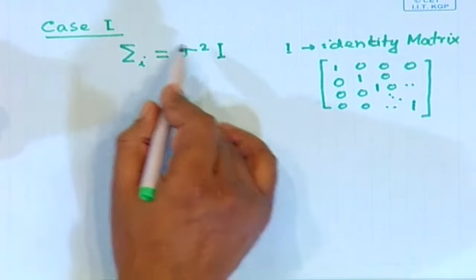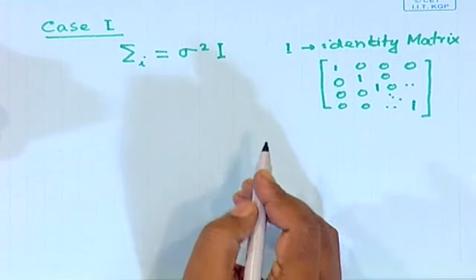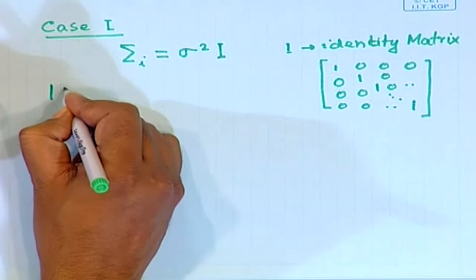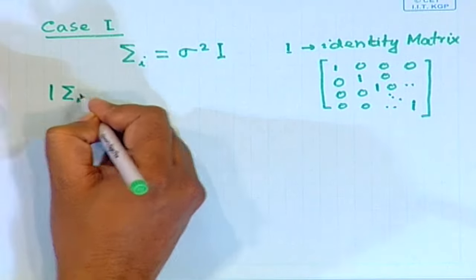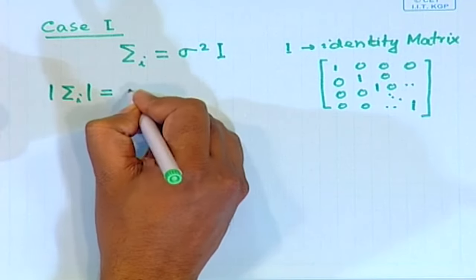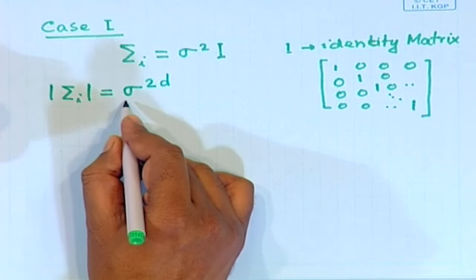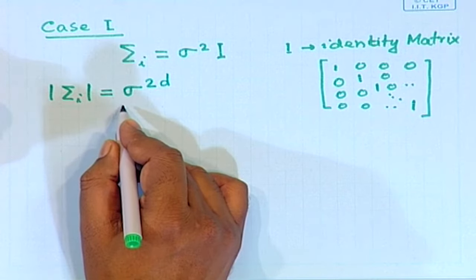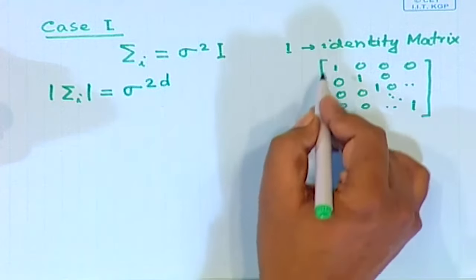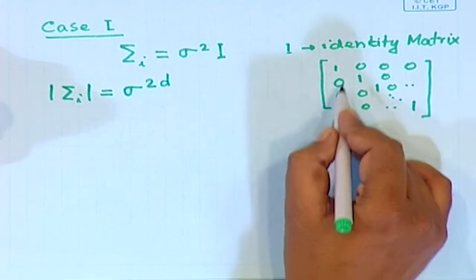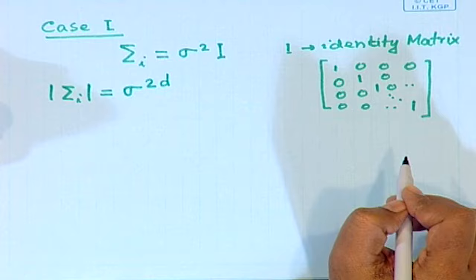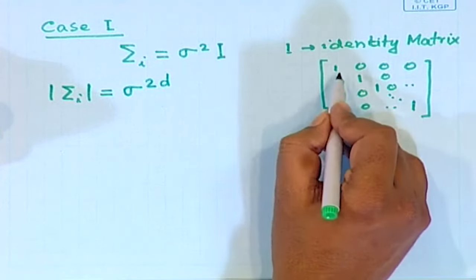Now here you find that if the covariance matrix is like this, then the determinant of sigma i, that is for every class, is nothing but sigma to the power 2d, where this lowercase sigma is the standard deviation of the independent components. It is simply because I have a d by d dimensional identity matrix, which is multiplied by sigma square.